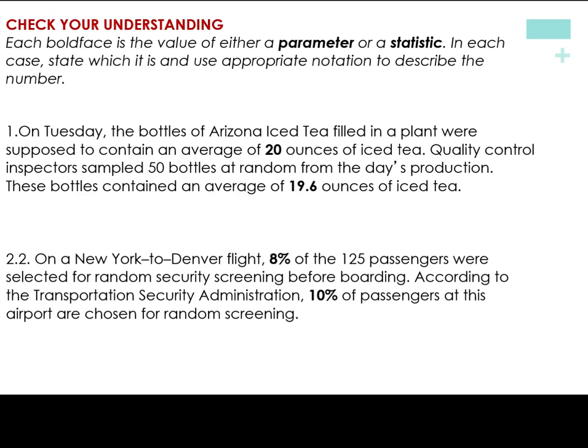That's the statistic this time. And the 10% would be the parameter, because on a typical day, what percentage of the passengers do we expect to be screened? 10%. In this case, we only had 8% because it was out of 125. So you guys see the difference between those two?